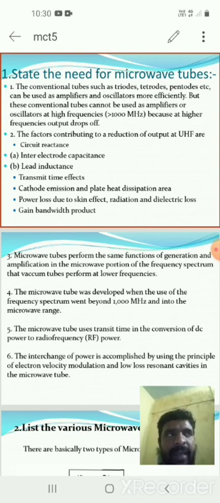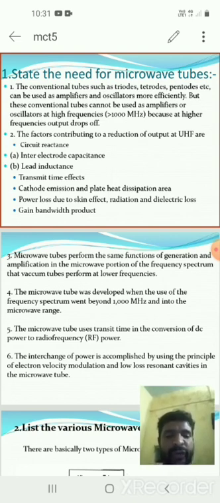That means signals above 1 GHz, or 1000 MHz, are called microwave signals, and microwave tubes are used for transmitting these frequencies.